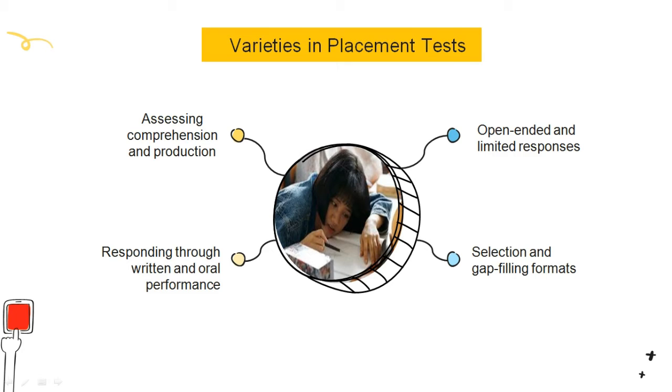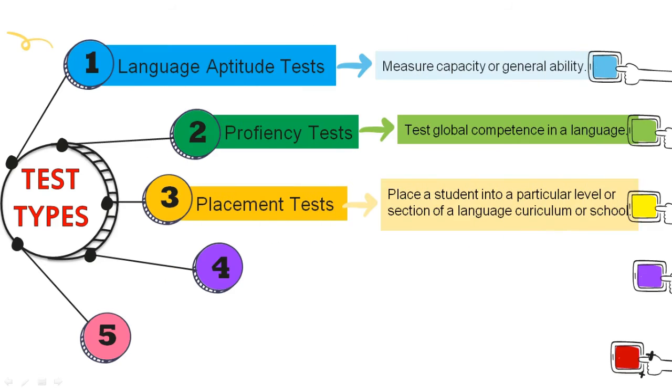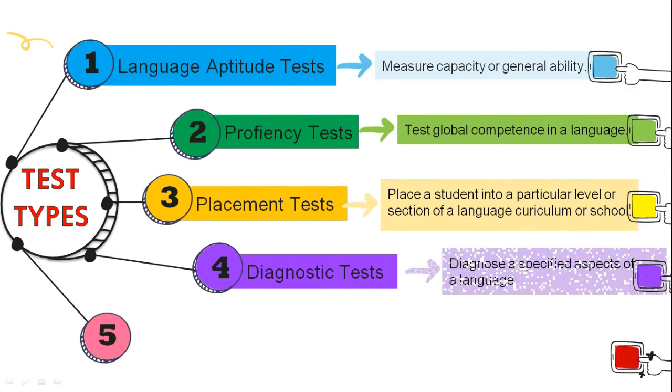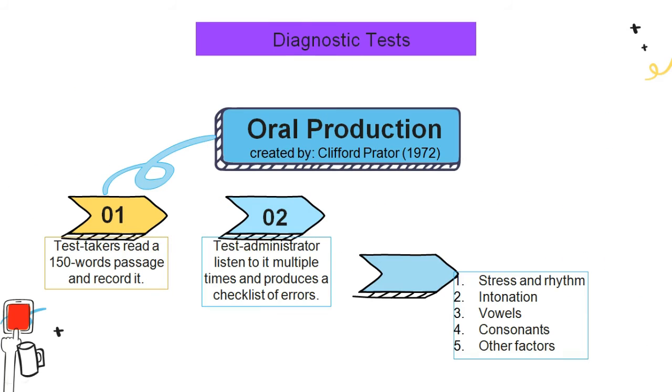The next one is diagnostic test. This test aims to diagnose a specified aspect of a language. For example, in this test of oral production that was made by Clifford Prator, the aim is to analyze a learner's phonological production.